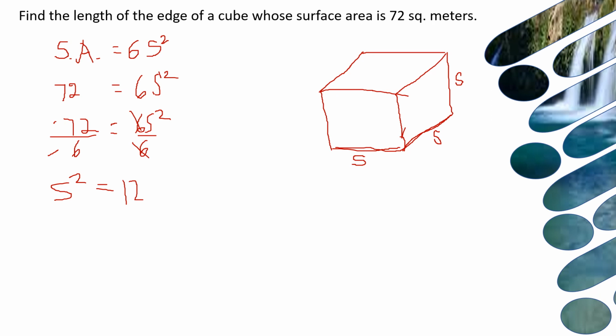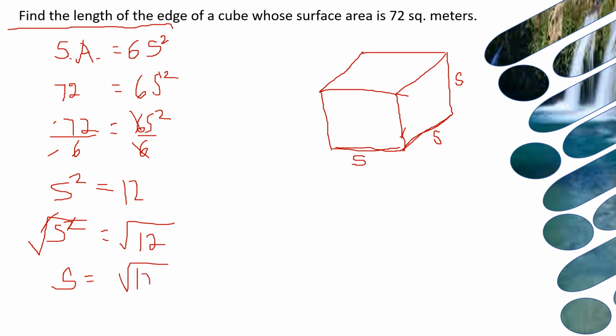To find the length of the edge of this cube, let's extract the square root of both sides: the square root of S squared, and the square root of 12. You can cancel the square and radical out now, so we have S equal to square root of 12. But 12 has a factor which is a perfect square, so we break down 12 such that one of the factors is a perfect square, and that is 4.